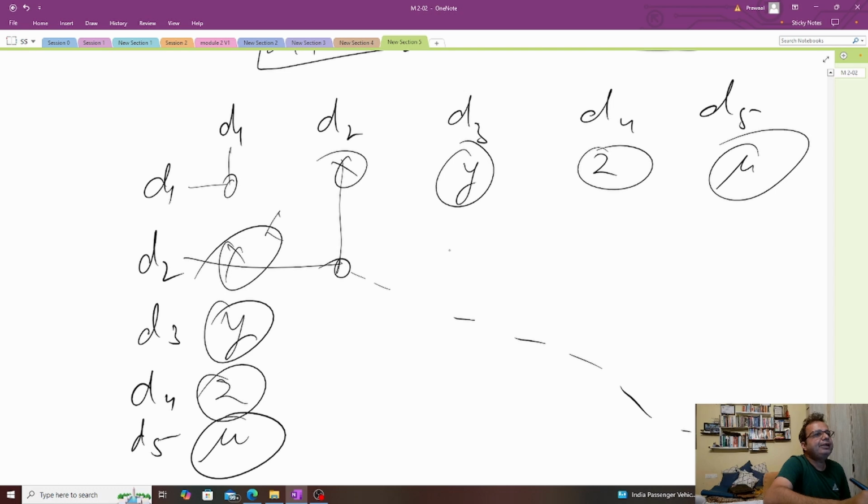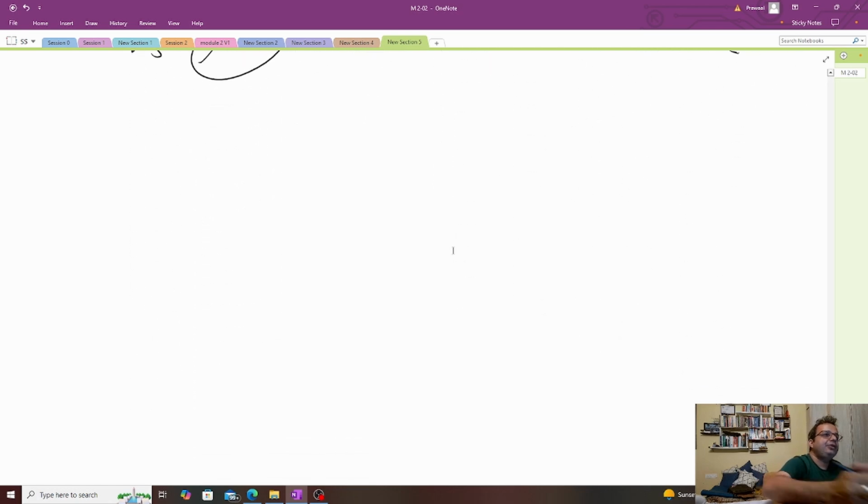Then we try to find out, in this entire matrix, which is the smallest value. Assume it is the one between d1 and d3, so they need to be combined and become a single cluster. Now in your second iteration, d1 d3 will become one point, and then there will be d2, d4 and d5.